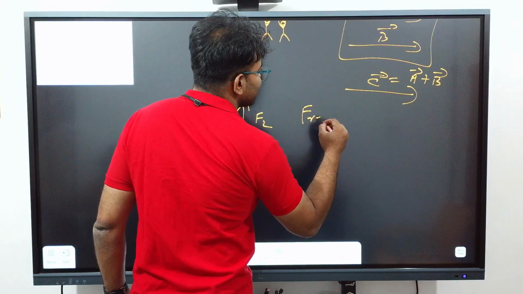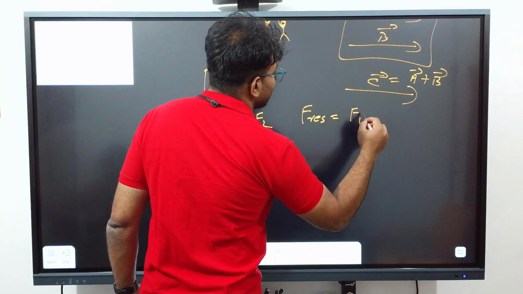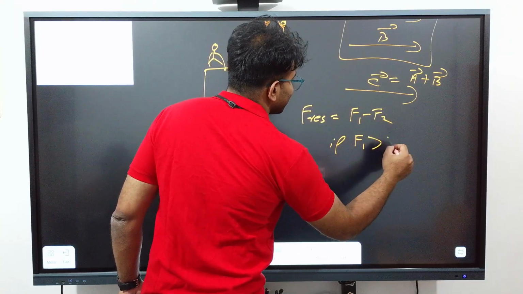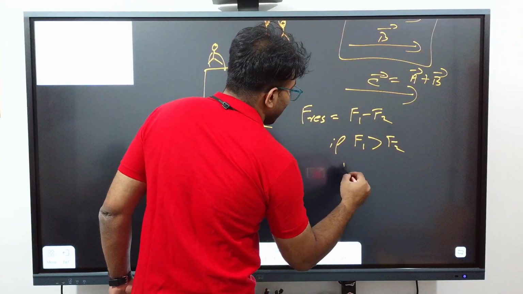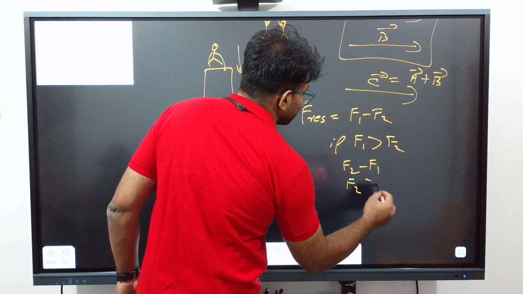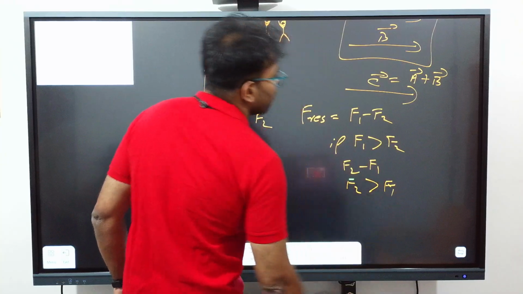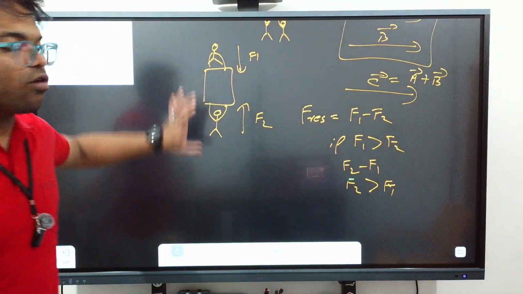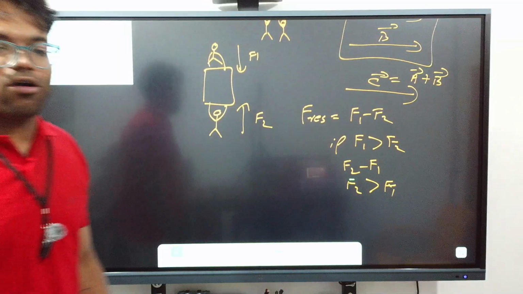F resultant becomes F1 minus F2 if F1 is greater than F2, or F2 minus F1 if F2 is greater than F1. This is the result of these two vectors acting on the trolley at the same time. I hope this is clear.